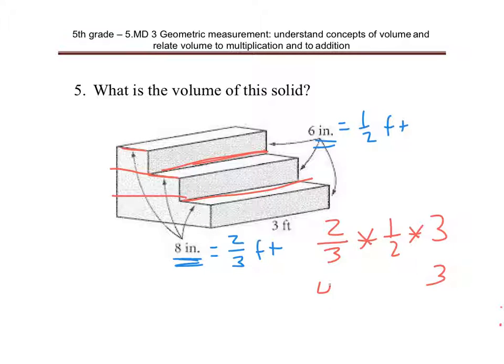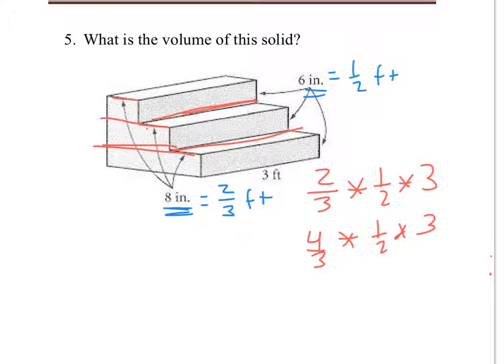So it's 4/3. And then what about the height? Still a half, times 3. And the last one is 8 inches plus 8 inches plus 8 inches, so it is 2 feet across, so 6/3 across. It's still a half high, times 3. Okay, so there are different ways that you could do this.